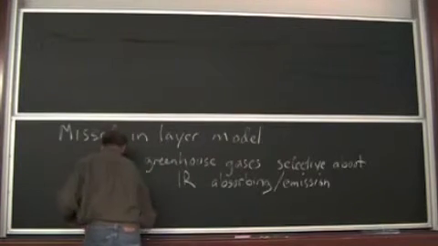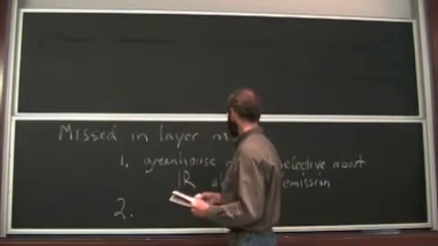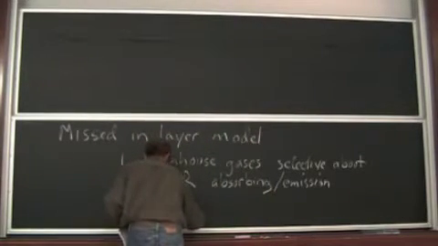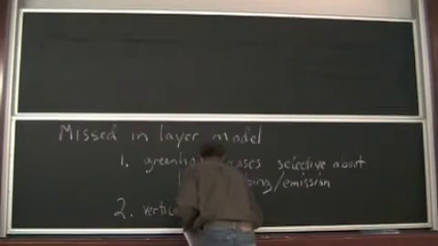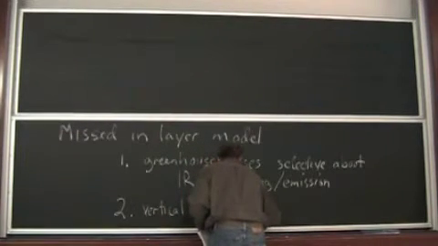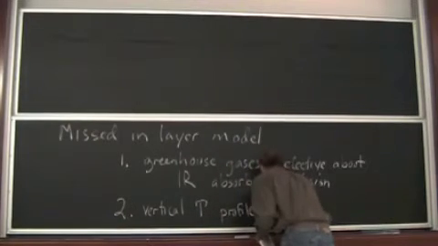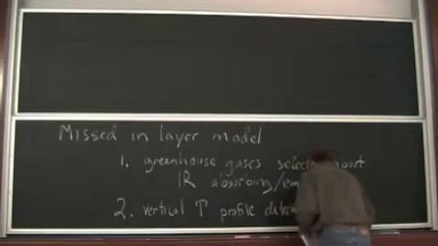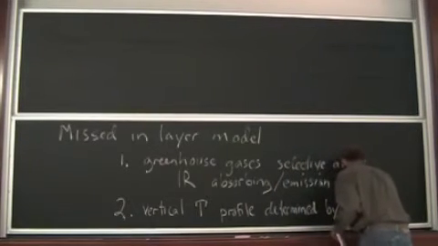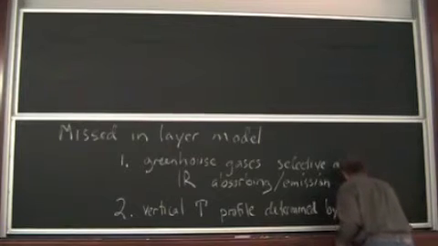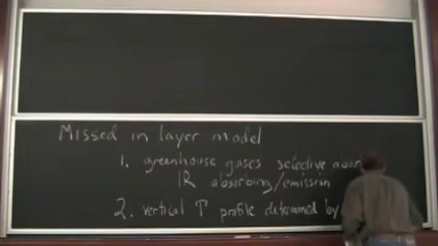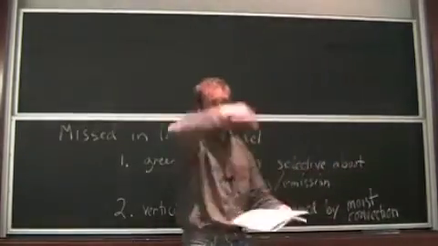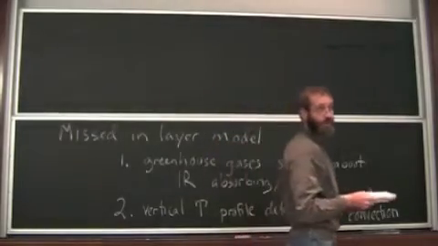And then the second thing that we talked about in the last couple of lectures was that the vertical temperature profile is determined by what we call moist convection. So convection is where you heat it at the bottom and so it becomes unstable and turns over like a lava lamp.